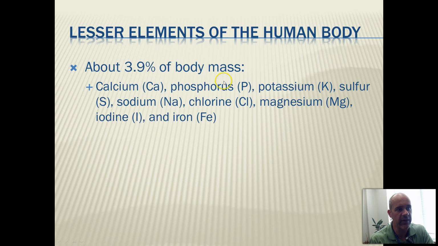So calcium, phosphorus, potassium, sulfur, sodium, chlorine, magnesium, iodine, and iron. Most of those atomic symbols are pretty easy to remember. You just have to remember Na for sodium, K for potassium, and then Fe for iron. So those 3 are a little tricky. The other ones are pretty straightforward to learn.